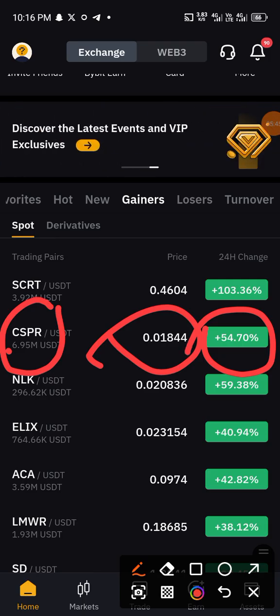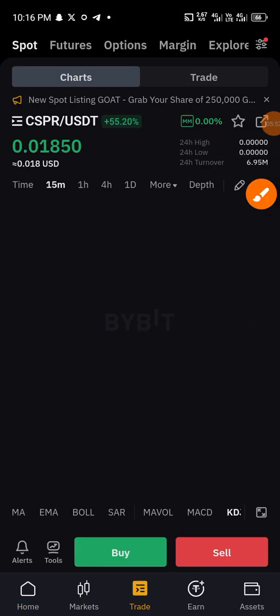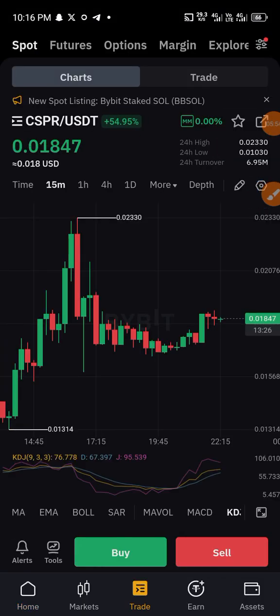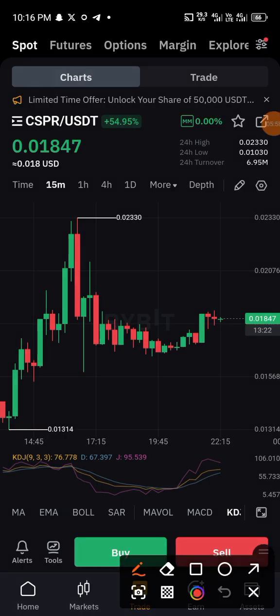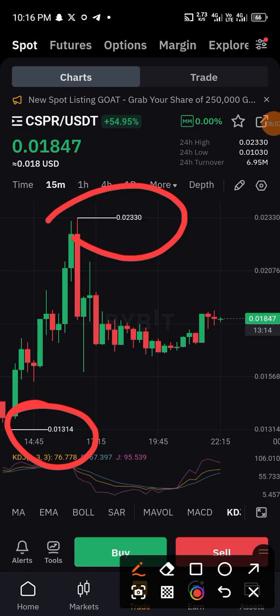That's how well it has been doing for the past 24 hours. Let's look at this coin now, from where it took its move. It took its move from here, which is 0.01, and got to a high of 0.02.